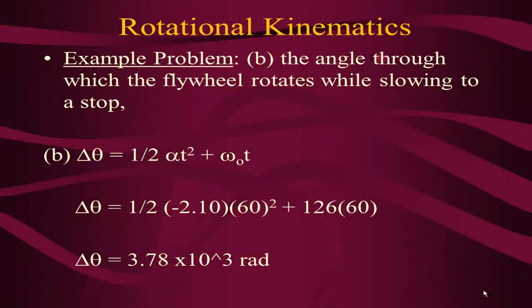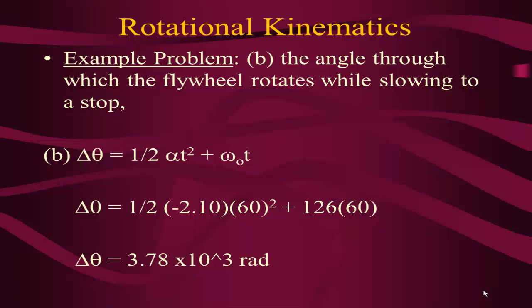Moving on to part B, they're asking for the angle through which the flywheel rotates while slowing to a stop. That cues me to the fact that I'm looking for a displacement, and my displacement now is delta theta, an angular displacement. Angular displacement then allows me to use the big four equation, delta theta equals one half alpha t squared plus initial velocity times time. 60 seconds as our time. We've just found our angular acceleration, which turns out to be negative.